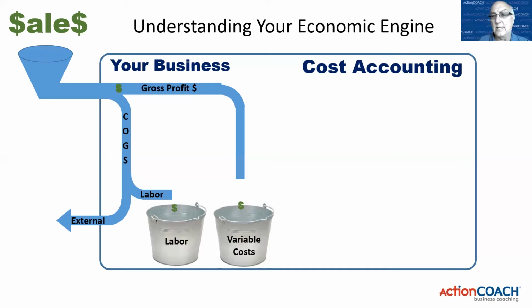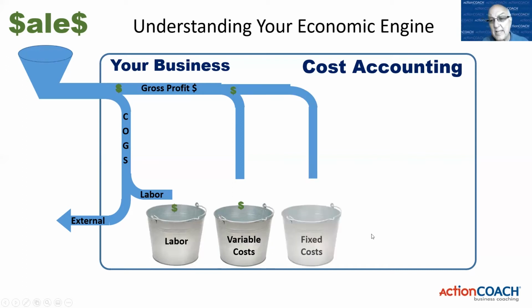And we allocate costs in a variety of different ways, sometimes on square footage of your factory that's consumed by a process, sometimes by the hours spent on it. No matter what way they do it, it's an allocation, and some portion of the gross profit then gets applied to variable costs, such as energy. Another section of your gross profit goes to pay your fixed costs.